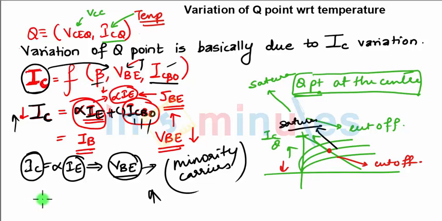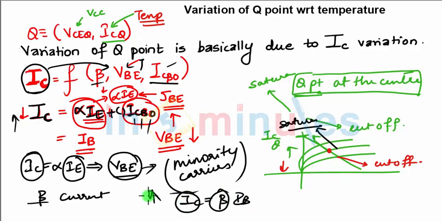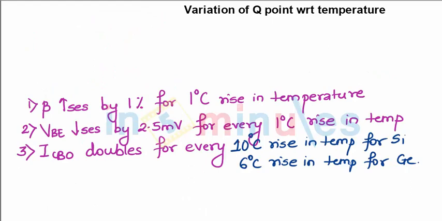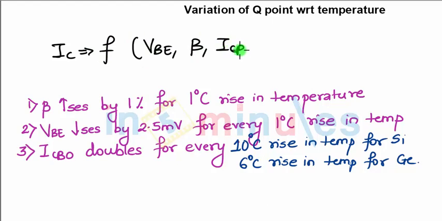And the final is beta. Beta is the current gain. Again, we write IC as beta IB. So if your beta is changing, again your IC will change. So we need to study their dependency on temperature. Now how do these parameters change? The equation for IC says IC is a function of VBE, beta and ICBO, right?